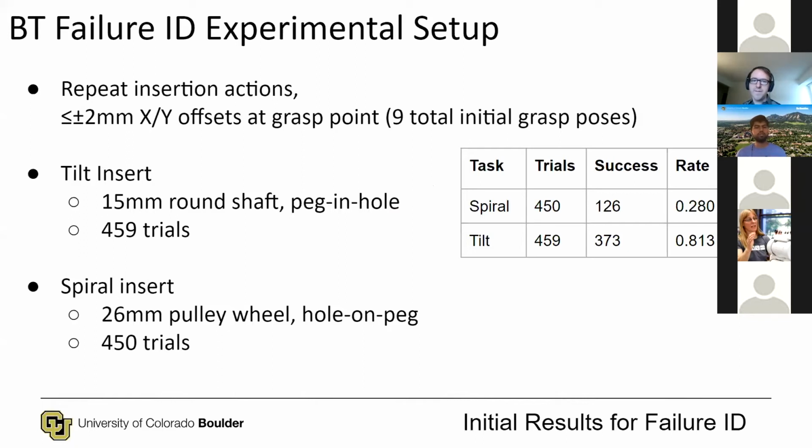So in this experiment, we perturbed the grasp pose by several millimeters to see if we could detect insertion failures caused by this misalignment. So we ran across 450 trials for each of the two skills while collecting the force and torque data throughout the action via our wrist sensor.